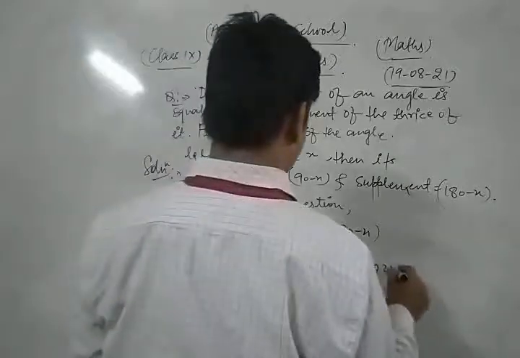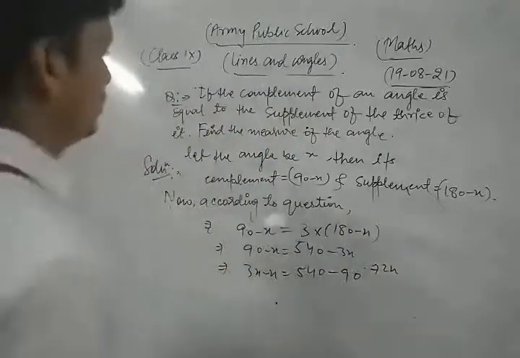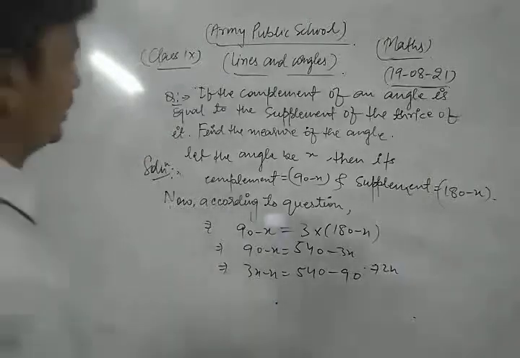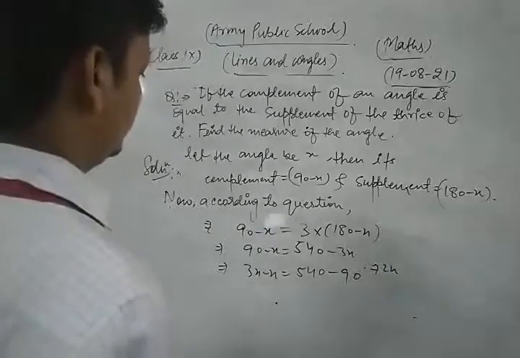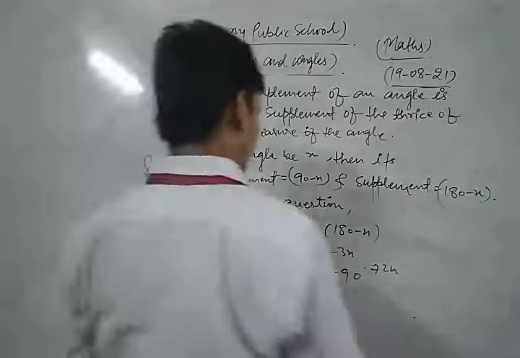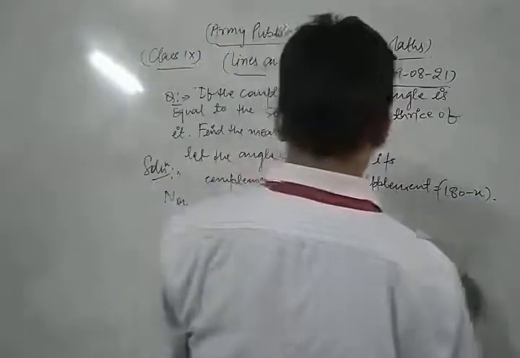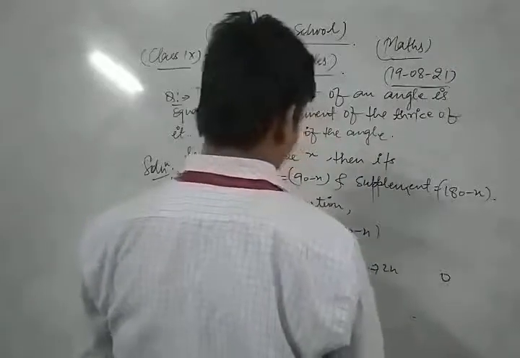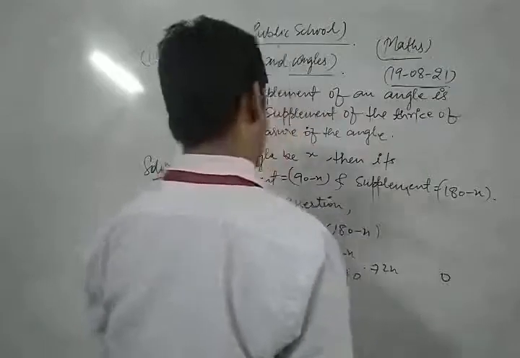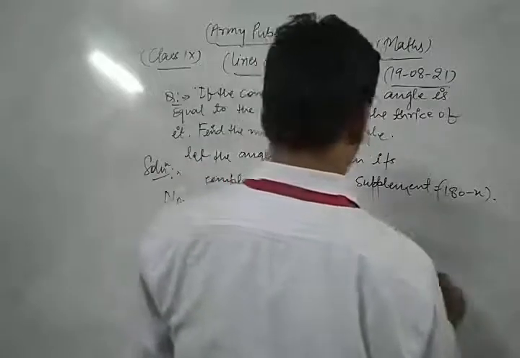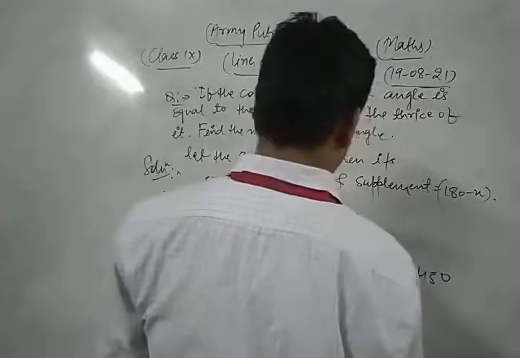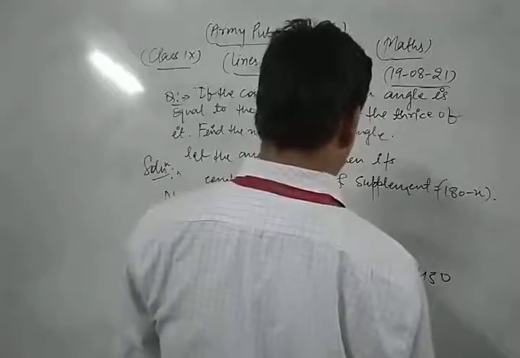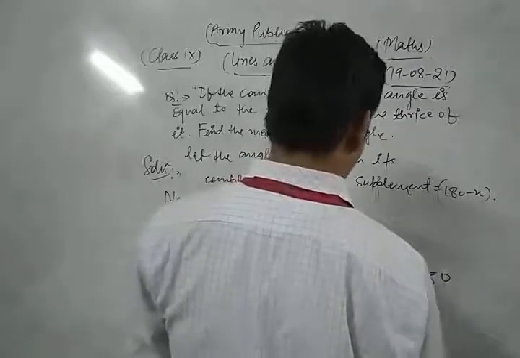So this is 2x equal to 450. So x equal to 450 upon 2, that is 225. So this is the required solution.